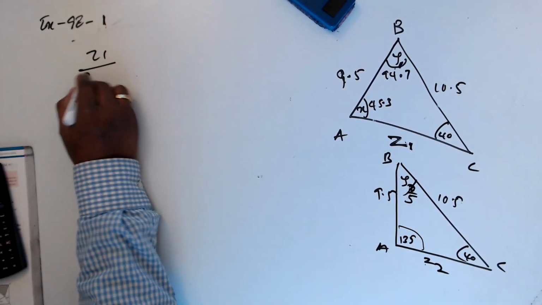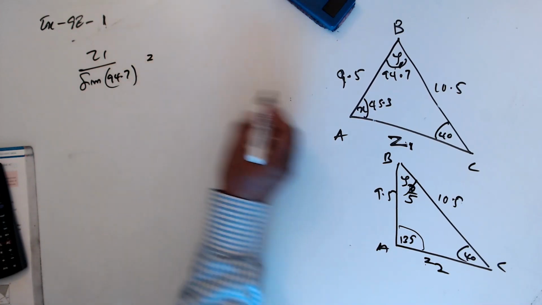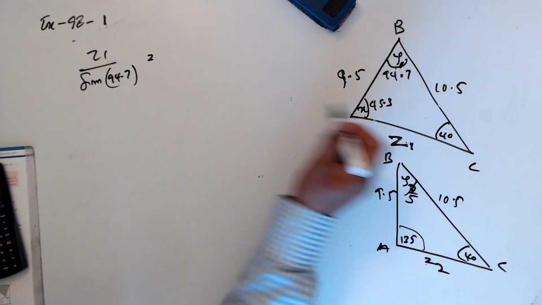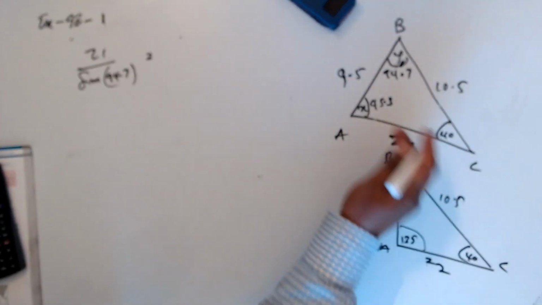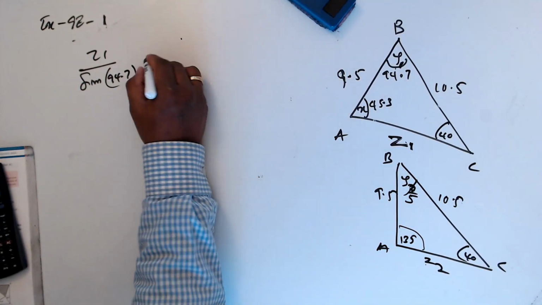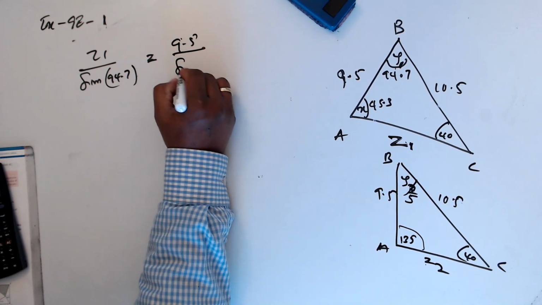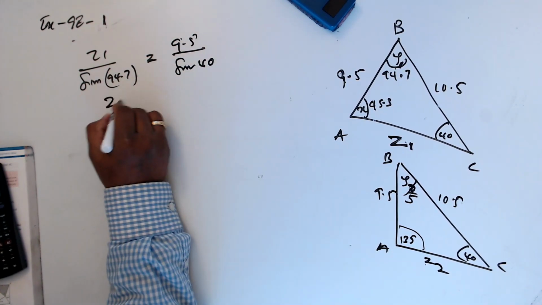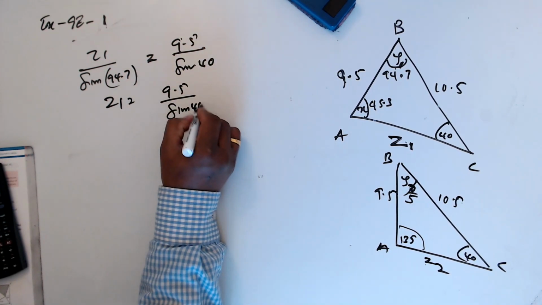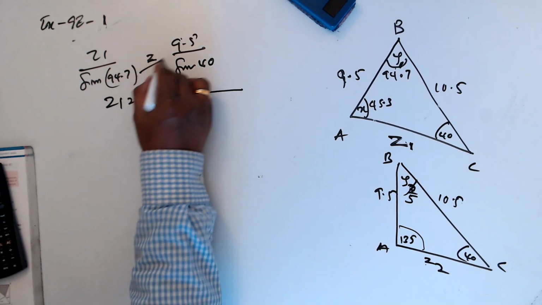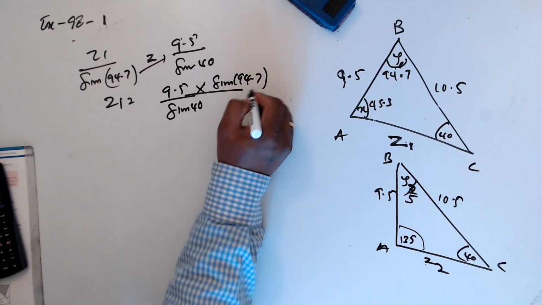We said 1 over sine 94.7 equals, we can take anything now, I'll take 9.5 over sine 40. So 1 equals 9.5 over sine 40 times, cross multiply, sine 94.7.